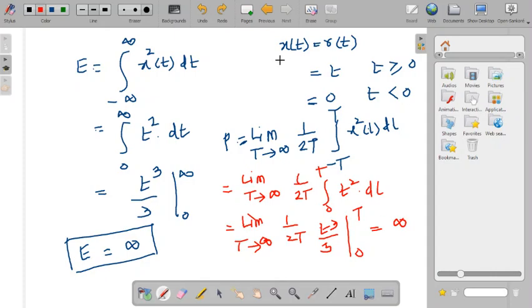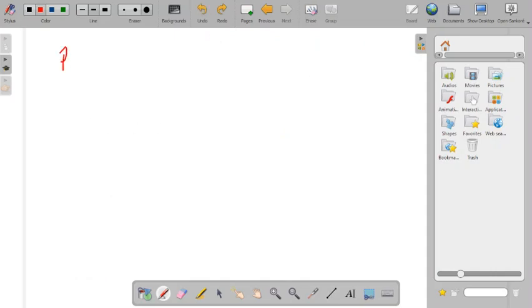So you observe this ramp signal is a special case.